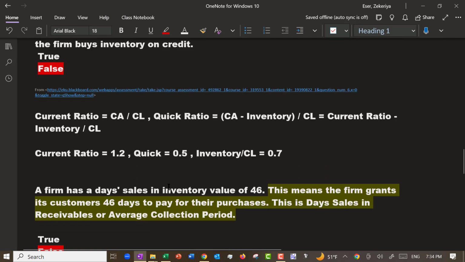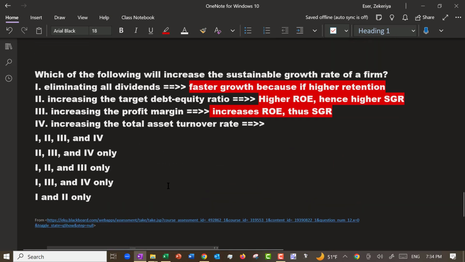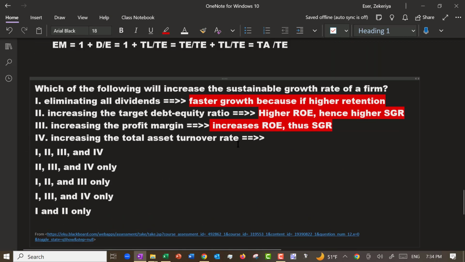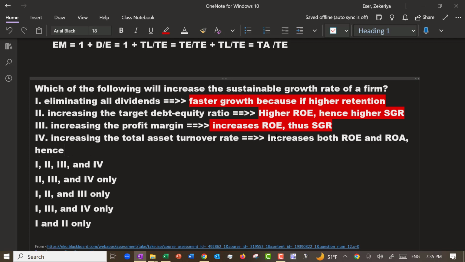So increasing total asset turnover rate or ratio means you're more efficient with your assets, hence it increases ROE. In fact, it increases both ROE and ROA, hence SGR.